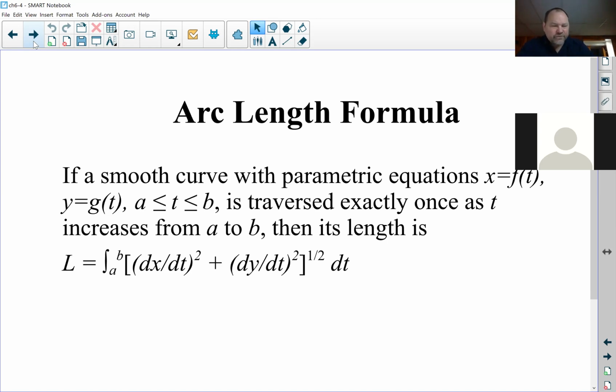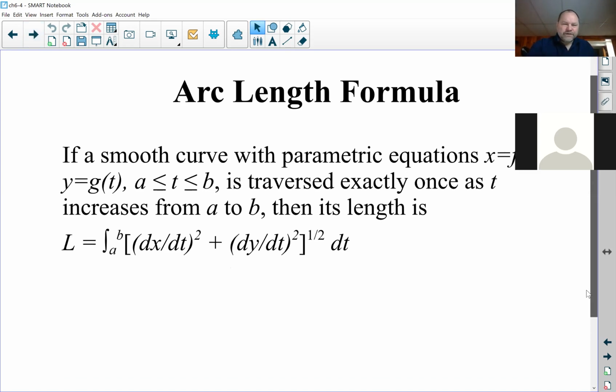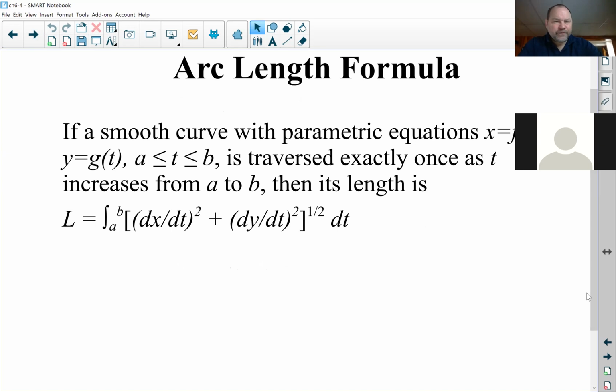As t increases from a to b, then its length is the integral from a to b of the derivative of x with respect to t squared plus the derivative of y with respect to t squared, and then that whole thing is under the square root.